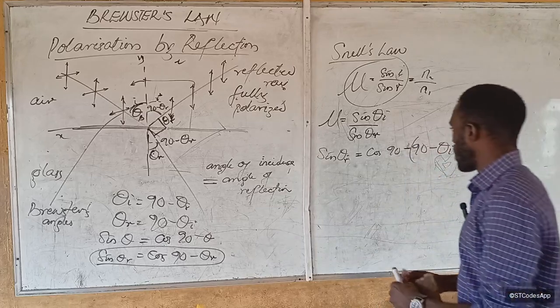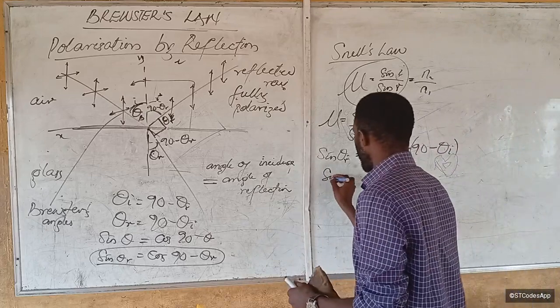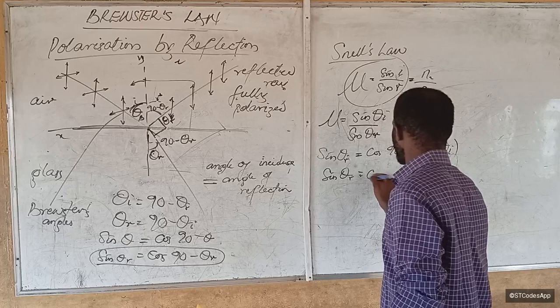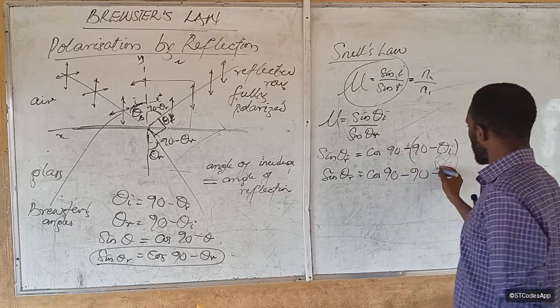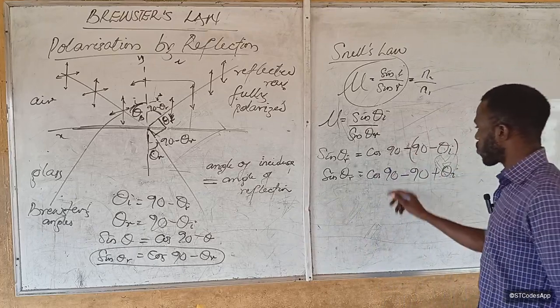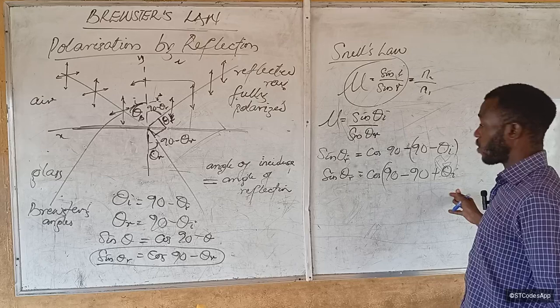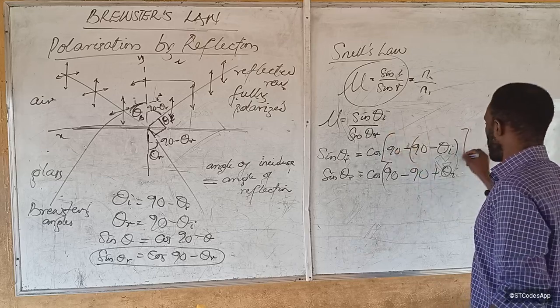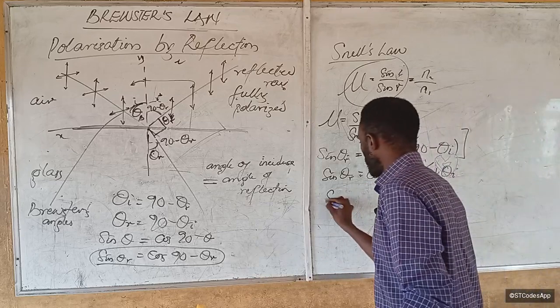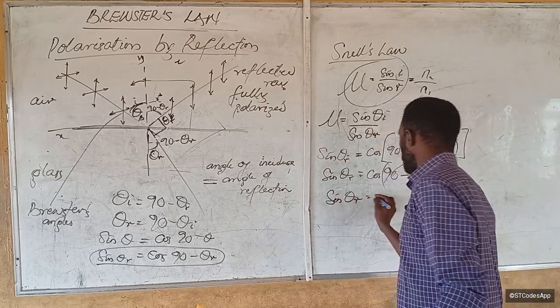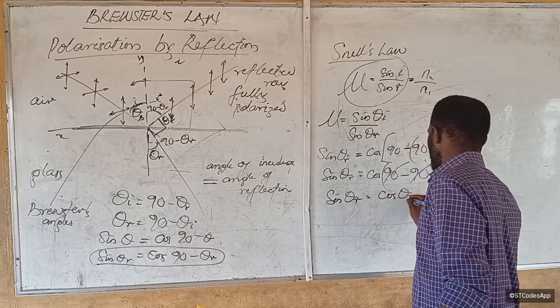So we'll have that sine theta r is equal to cos 90 minus 90 plus theta I. Here, because they are all in degrees, 90 minus 90 is what? 0. So we have sine theta r is equal to cos theta I.